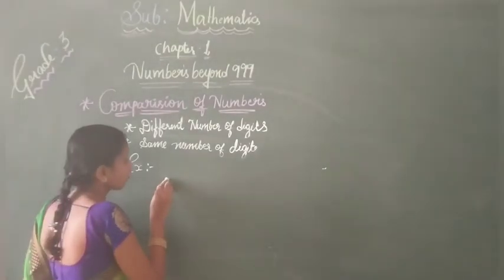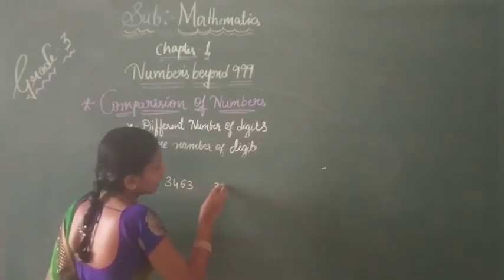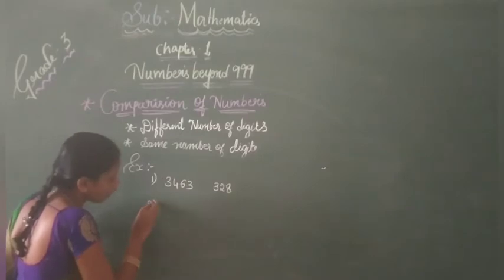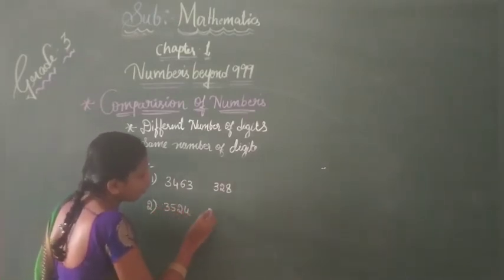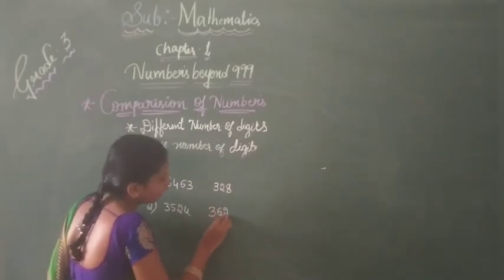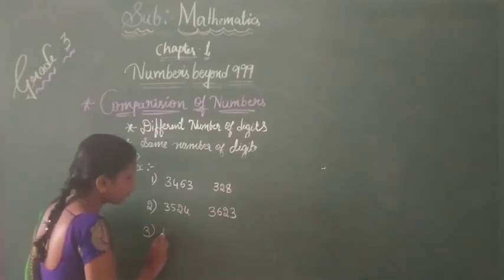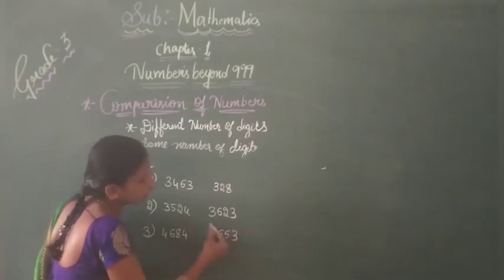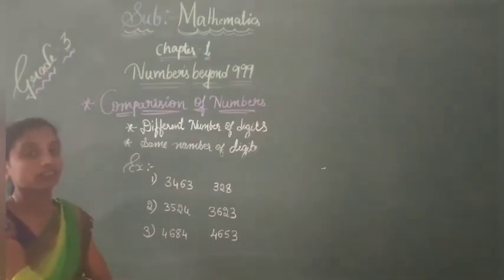Look: 3463 and 328. Another example is 3524 and 3623. One more example we have: 4684 and 4653.